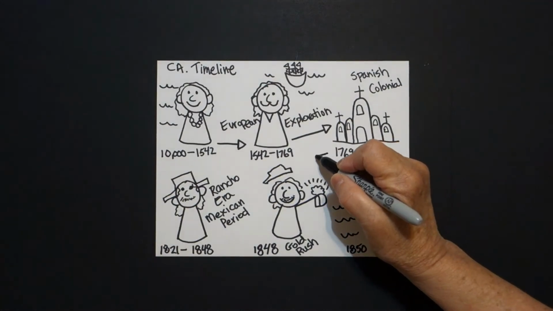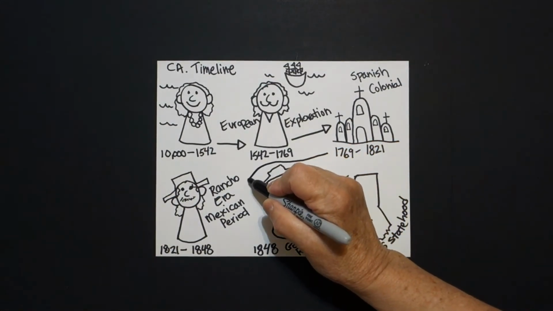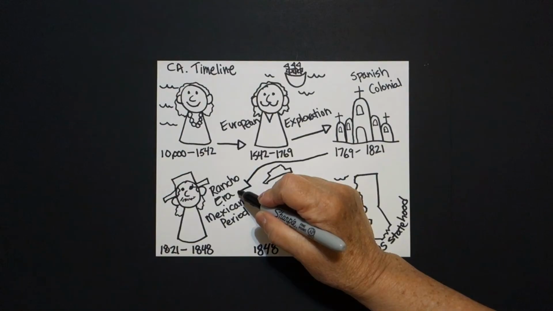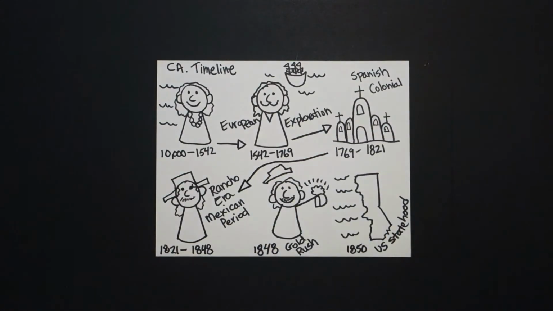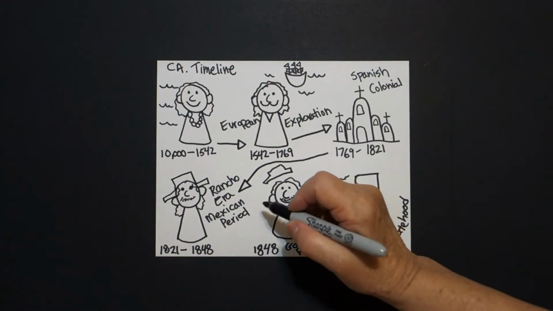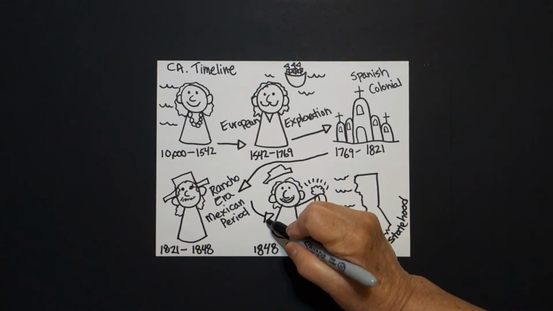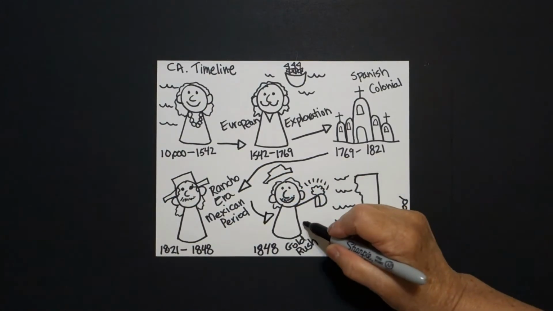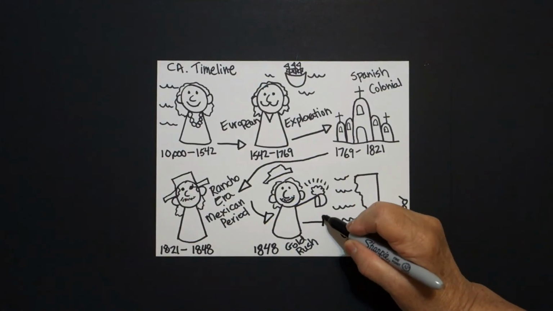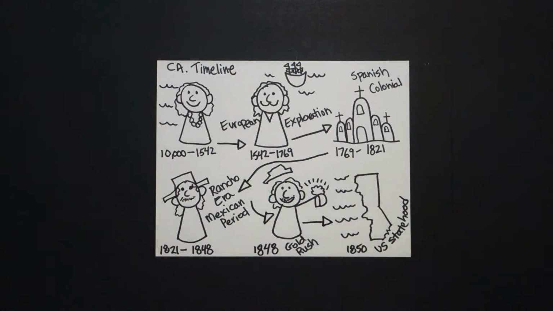Now, take your line, best you can, and draw a baby triangle to the Rancho era. Now, take that line, baby triangle, to the Gold Rush, and then finally, straight line, baby triangle, to U.S. statehood.